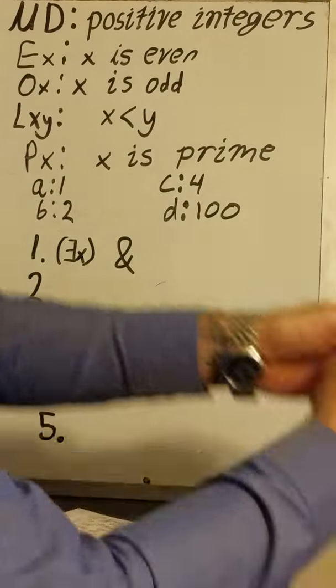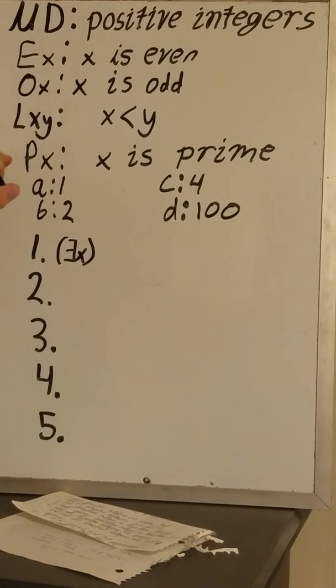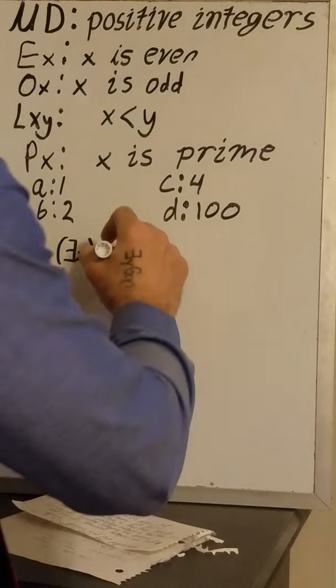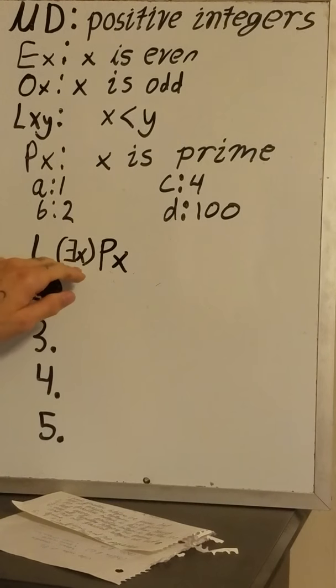Some generally indicates an existential quantifier. So, there exists an X such that PX. So there is some positive integer that is prime. Notice we don't need any symbol to tell us that we're talking about positive integers. That's understood because of what the domain is.